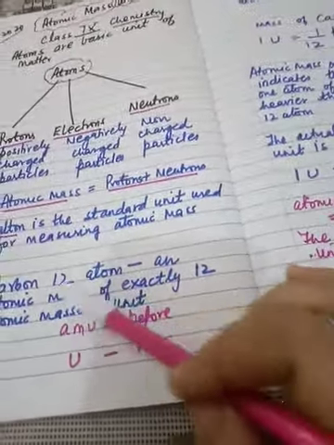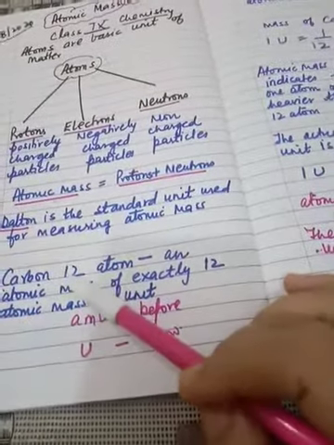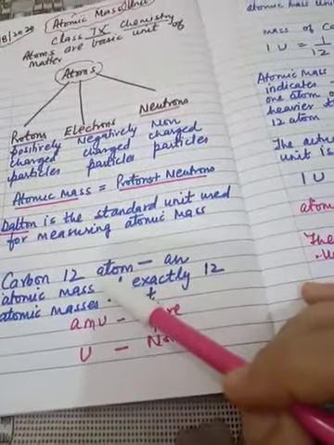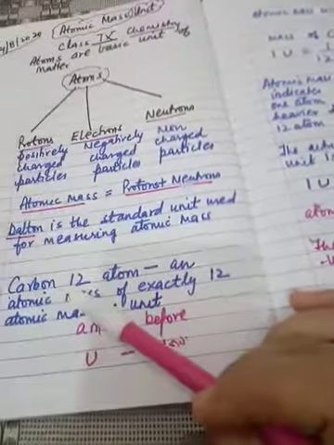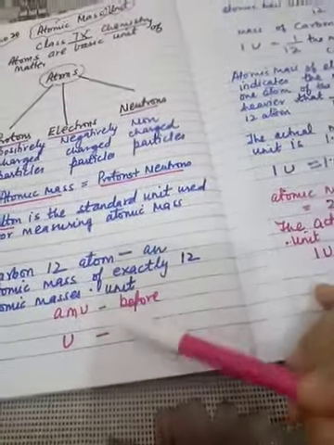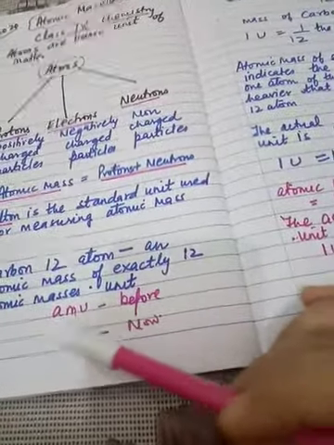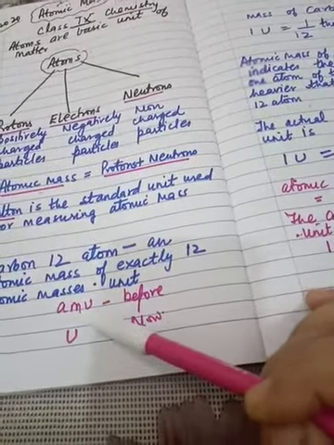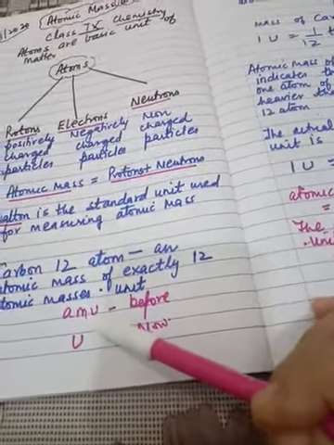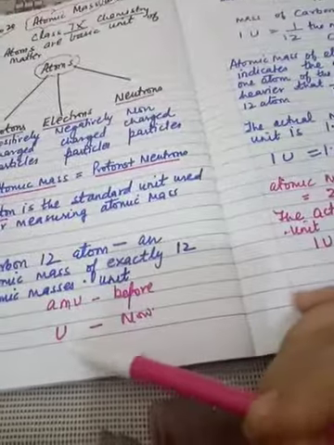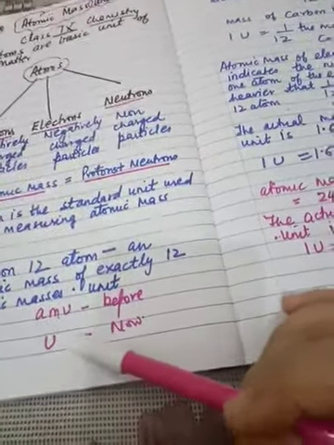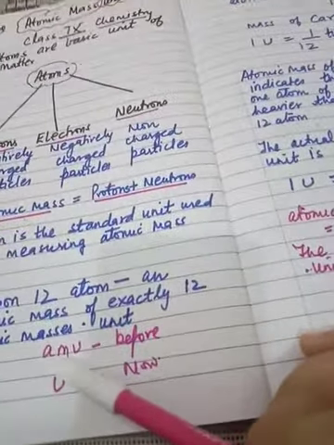Carbon 12 atom is exactly 12 atomic mass units. Before, it was written in short as AMU. Now this unit is denoted by the letter U.